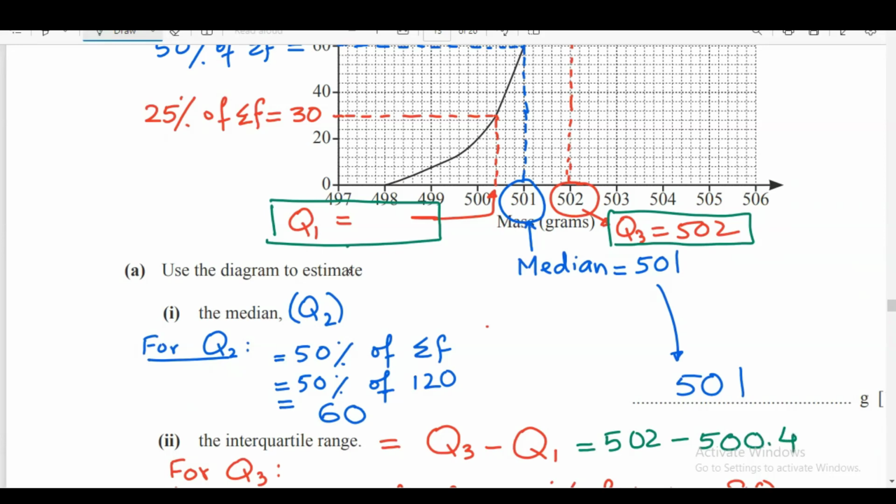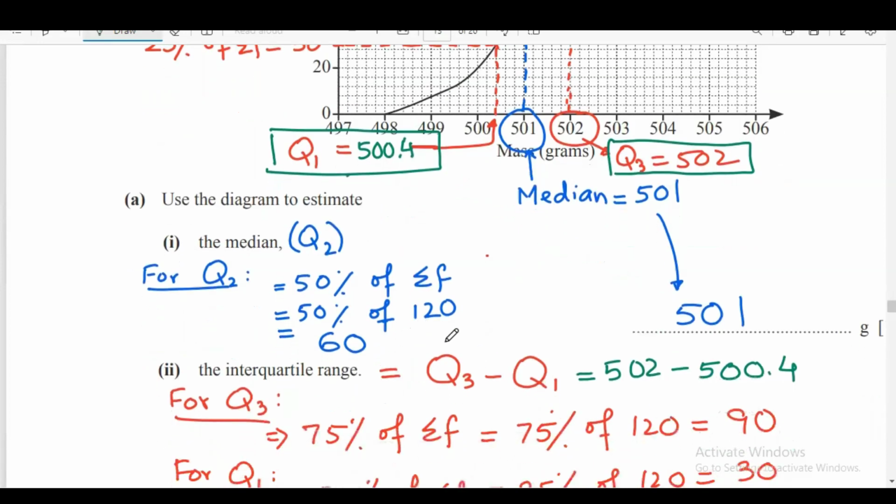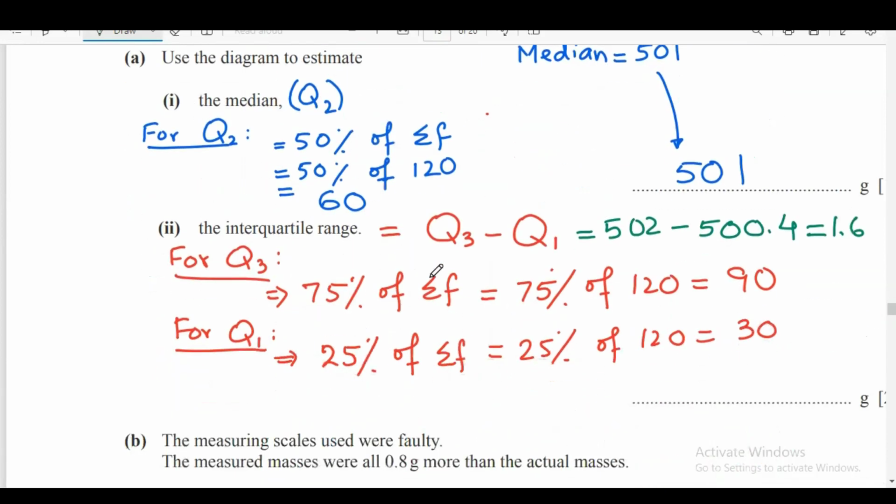So the difference of 502 and 500.4 is 1.6. This is our interquartile range, and don't forget to write the answer in the answer space.